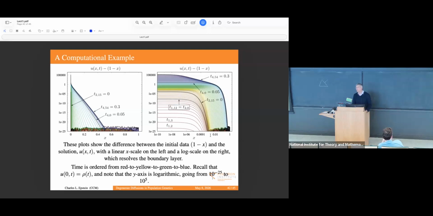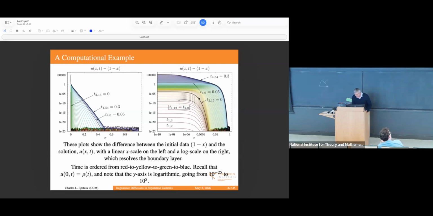Now, it's very hard to see what's going on, so Jon blew up the coordinates there. And you can see now the scale goes from 10 to the minus 10, 10 to the minus 8, 10 to the minus 6, 10 to the minus 2, and eventually to 1. And what you can see is that there is this boundary layer that is coming out of the corner and moving up and over. I can't really say what these times are, I'm afraid.